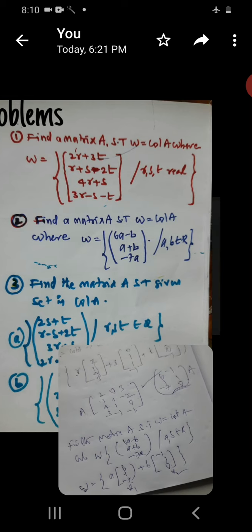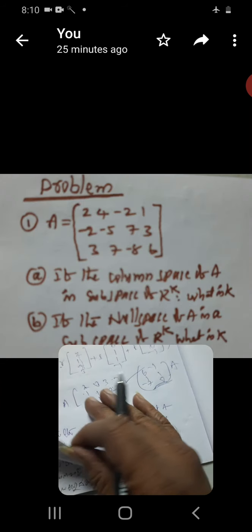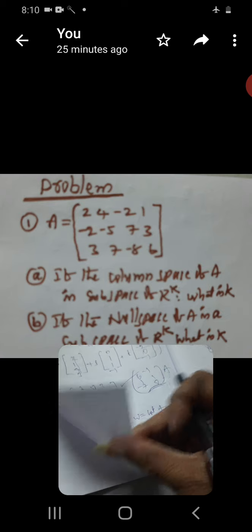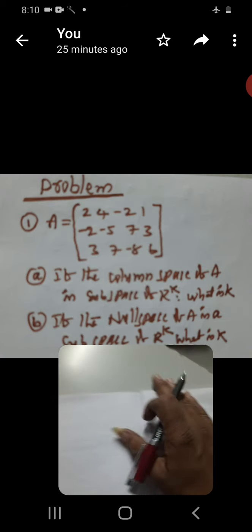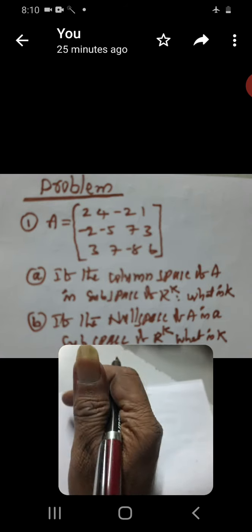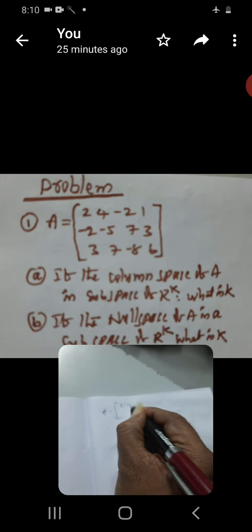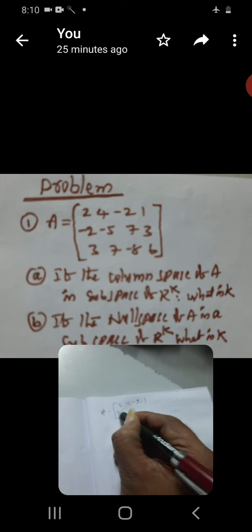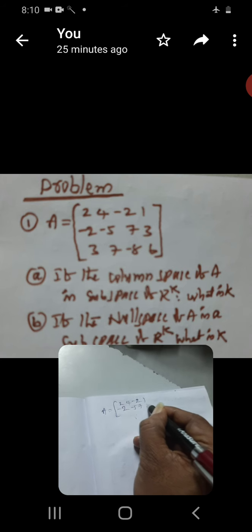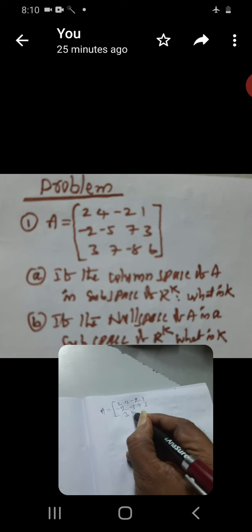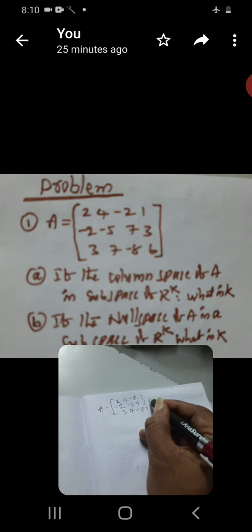See, next another problem. It is an important problem between the two, the null space and column space. See, A is 2 4 minus 2 1, minus 2 minus 5 7 3, 3 7 minus 8 6.